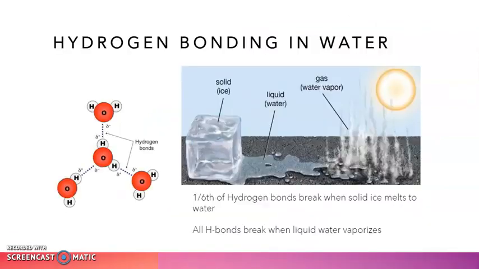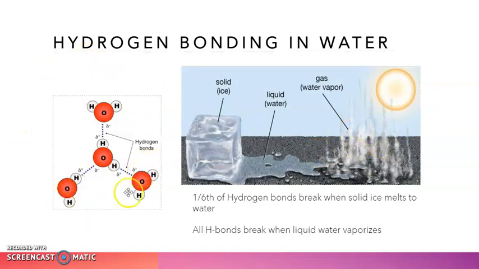Hydrogen bonding plays a crucial role in the phase transition of water. So when solid ice is supplied with energy, it gets melted into water, and it is said that 1/6 of the hydrogen bonds break when ice melts to water. If further energy is supplied, then water completely loses all hydrogen bonds and it becomes vapor.